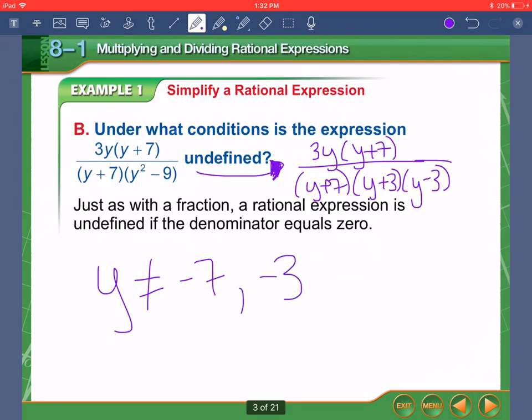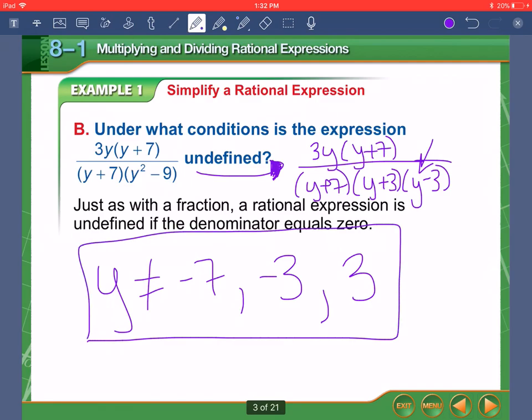Y also can't equal negative 3, because negative 3 plus 3 would be 0. And then y also can't equal a positive 3, because if I plug in positive 3 right there, 3 minus 3 is 0. So I have 3 values that would make my expression undefined. So you just look to see what could you plug in for y that would make your denominator equal 0.